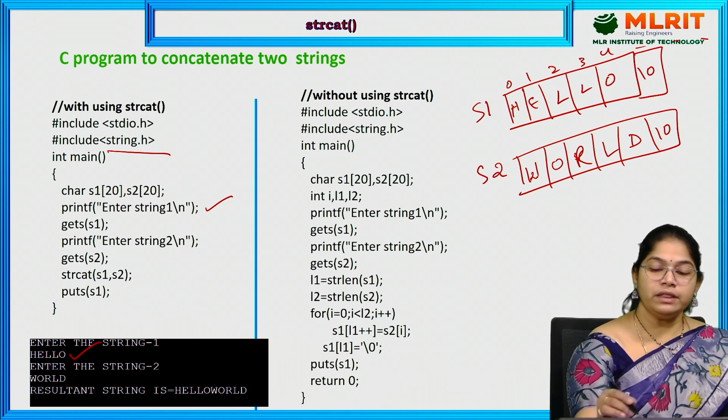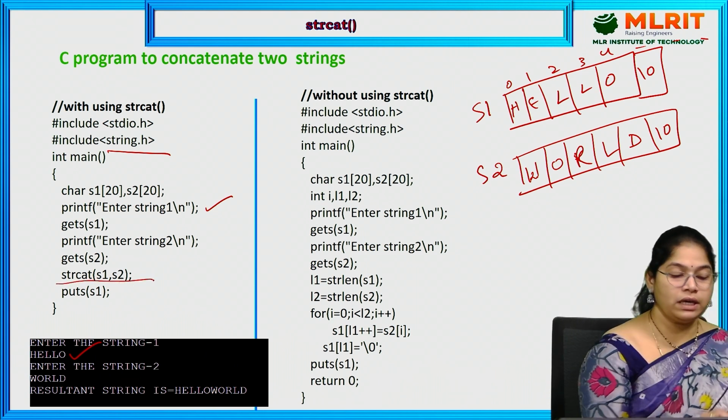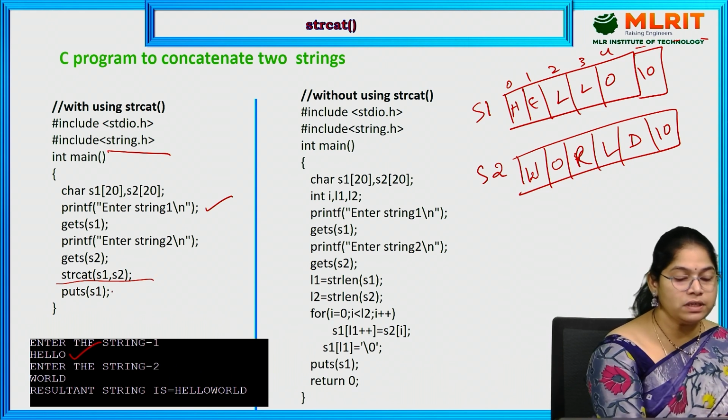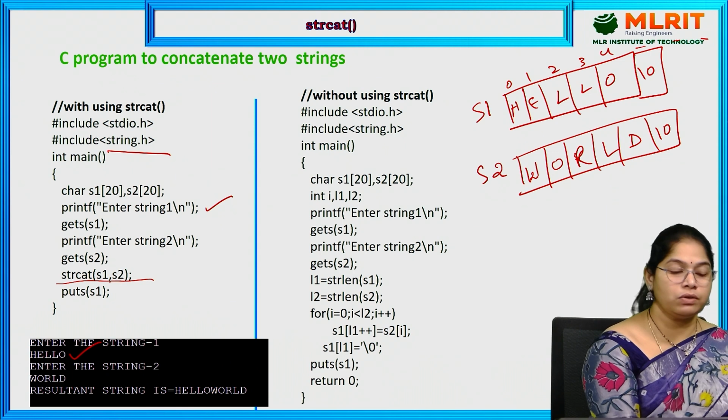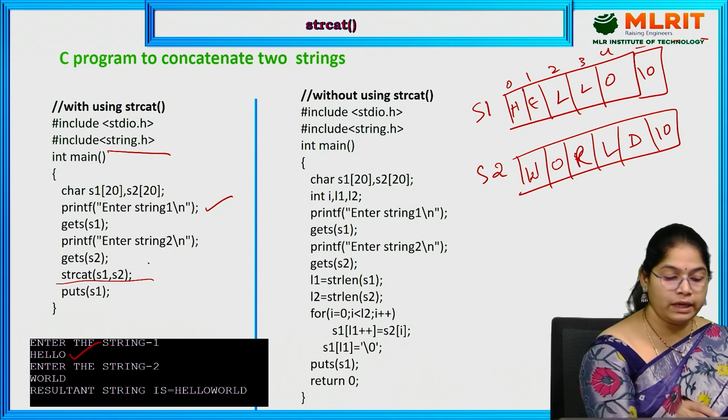I want to join these two strings using strcat. Here I gave strcat s1 comma s2, which means s2 has to be appended or joined with s1. So s1 is hello.